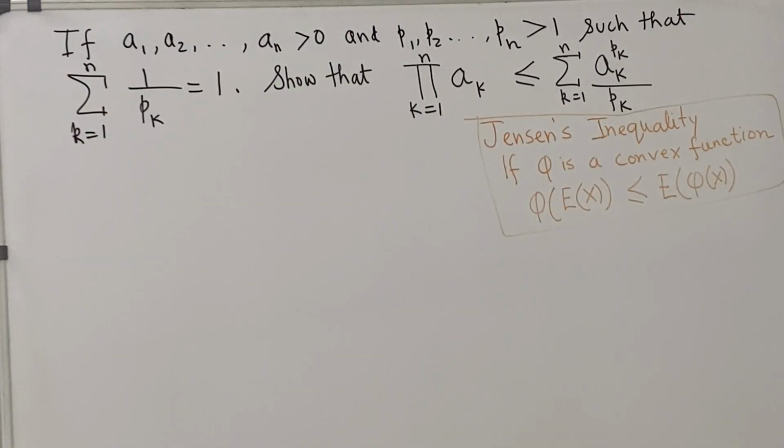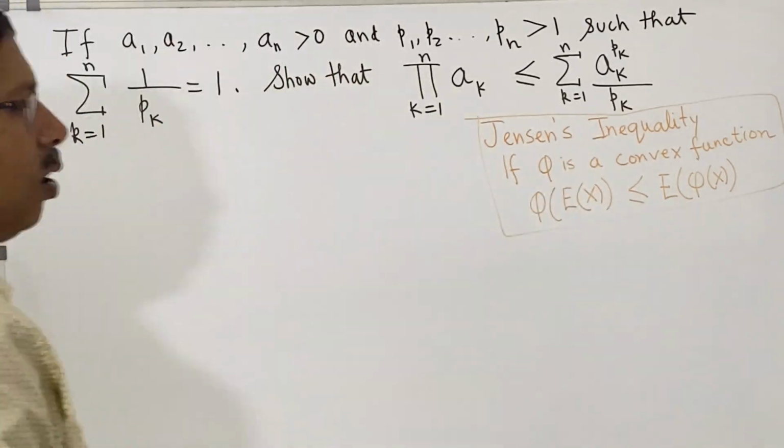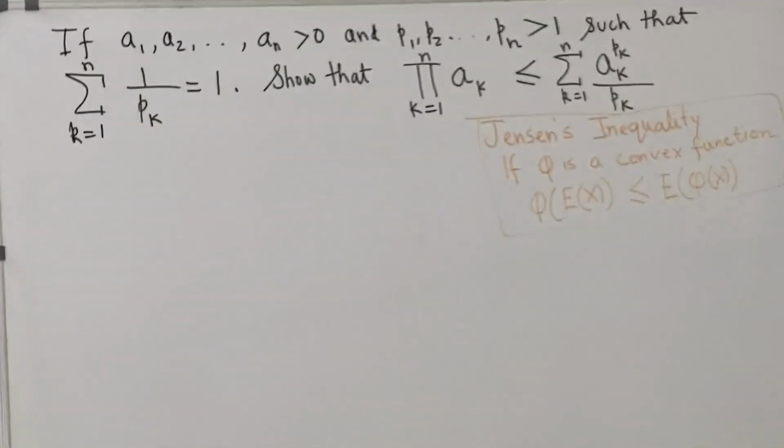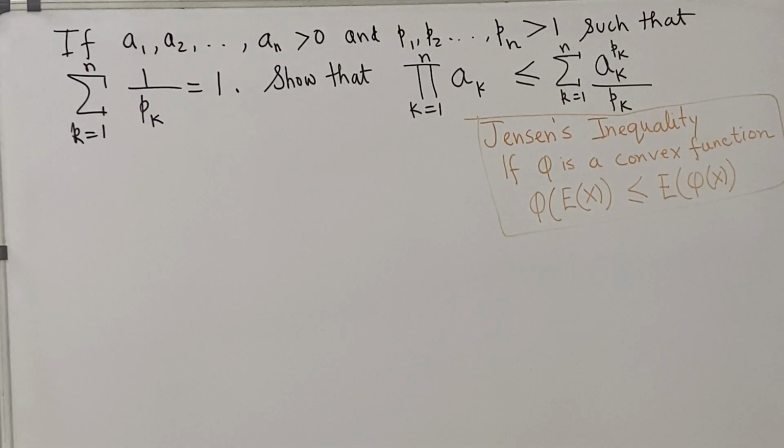To do this, we will have to use an inequality known as Jensen's inequality. It is usually stated in terms of convex functions and expected values of random variables.